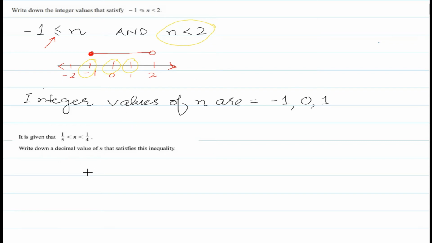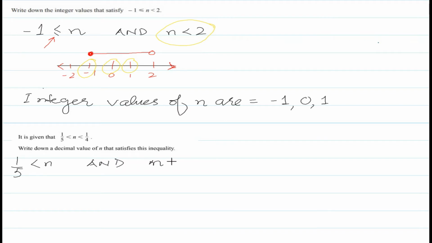Let's proceed to the second question now. Here it is given that n is greater than 1 by 5, and n is less than 1 by 4. If you split this up, n is more than 1 by 5, and n is less than 1 by 4.